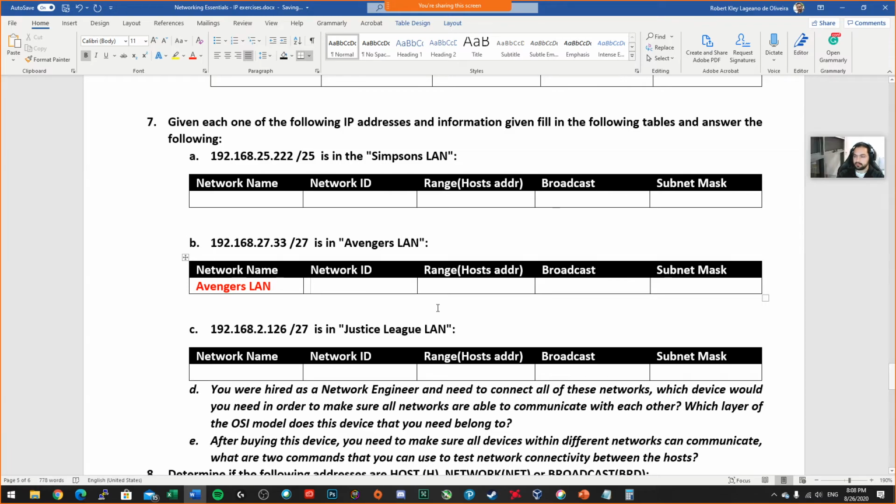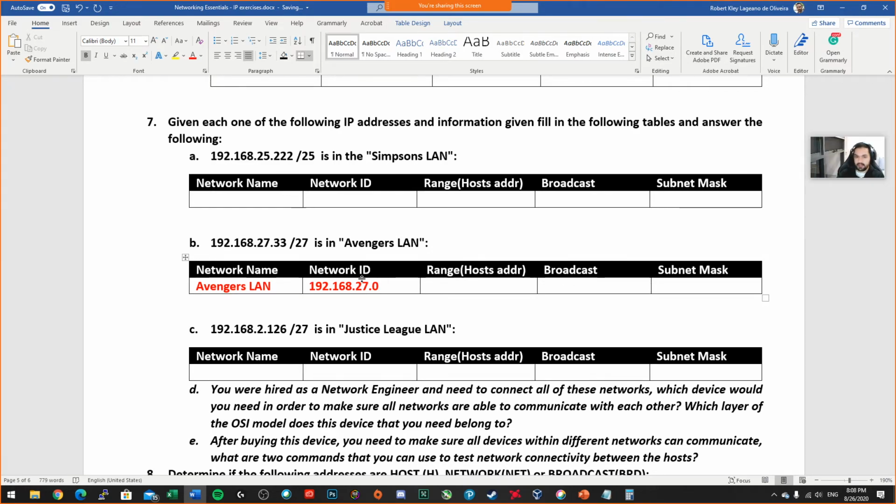No, just the network. 192.168.27.0. Anyone? 33, 224 at the end. Why is this 0? Someone says 0. Why?